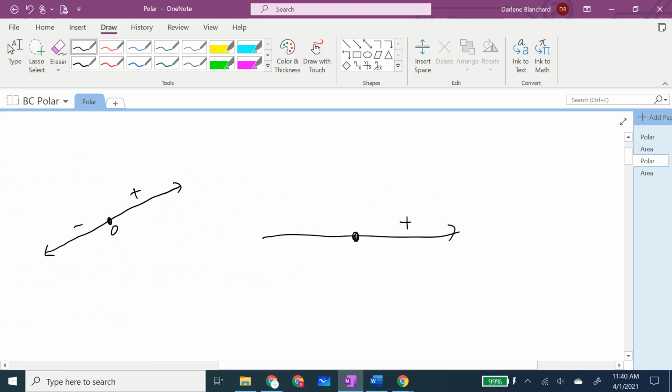Once I go from 0 radians, when I'm at 0 radians, I'm really looking at the x-axis, and a positive r is going to be over on this side, but a negative r is going to be over where you are used to being at angle pi.